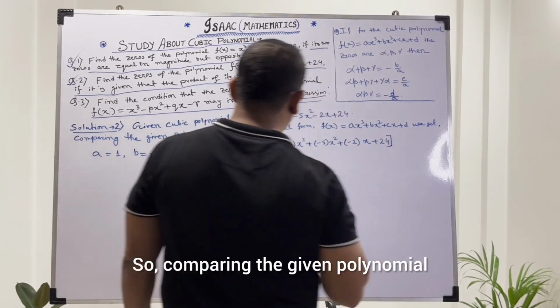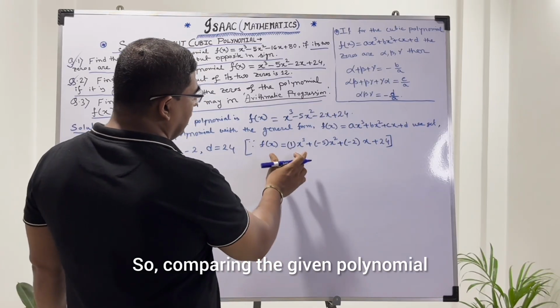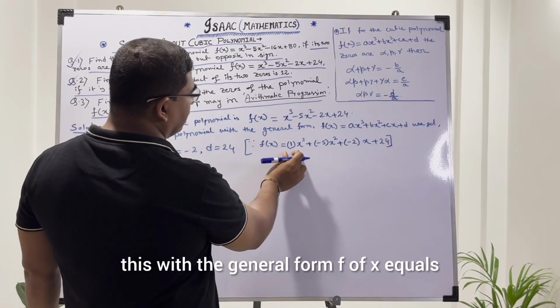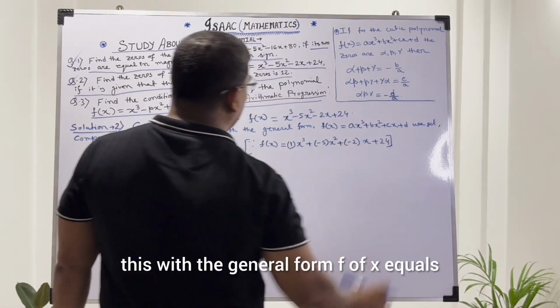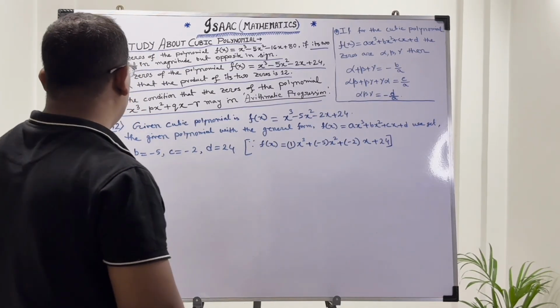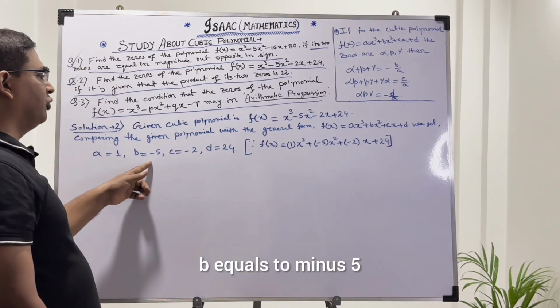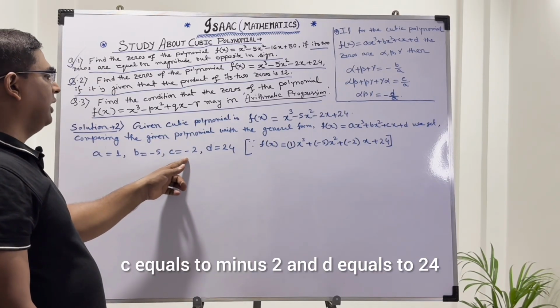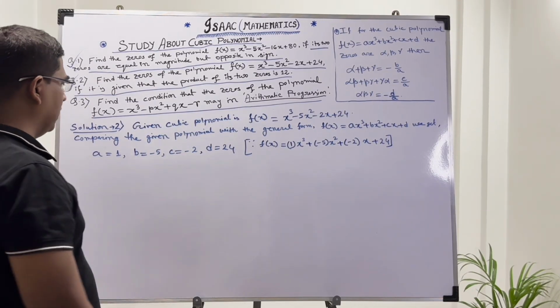Okay. So, comparing the given polynomial with the general form, we get a equals 1, b equals minus 5, c equals minus 2 and d equals 24.